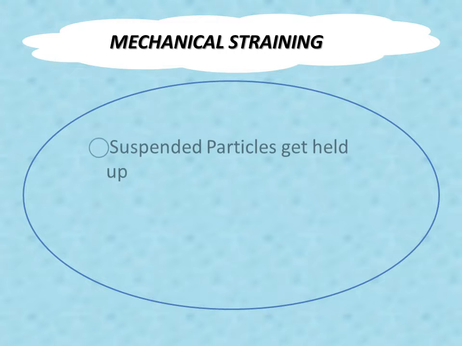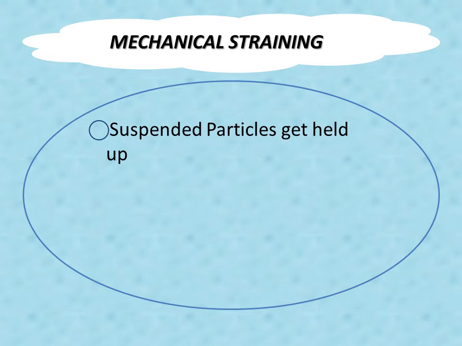This process involves the suspended particles present in water which are larger than the voids of the sand layers, that is, the small little holes. They're almost like a tiny dot or a small little circle to the human eye. Any particle size greater than that will be understood as a suspended particle, and those particles cannot pass through the sand, hence they will settle there, and the water will pass through the sand.